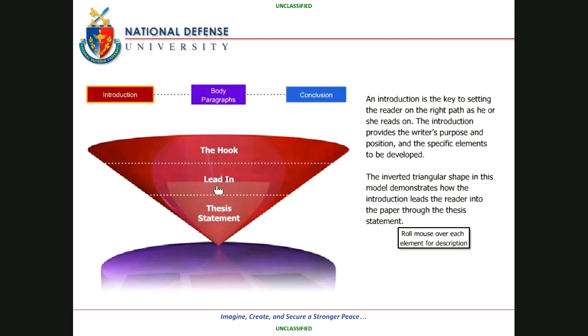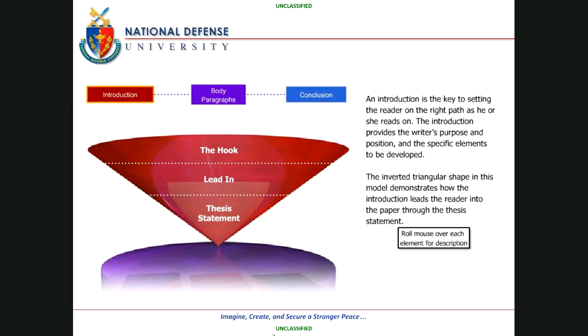Lead in. What is a lead in? Can anyone guess what a lead in is? Go ahead, Amin. I think the lead in is the transition from the general idea to your thesis, how you connect both things together and give a good argument. Yes, that's true. Max, I can't read Cyrillic, but yes, connection.